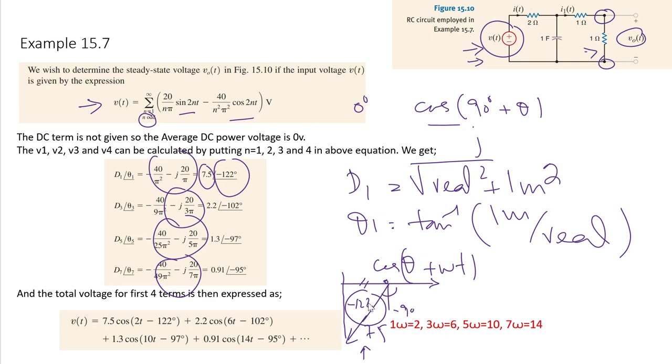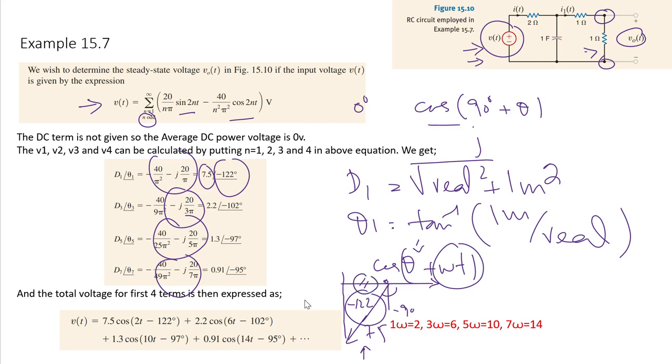And what does a phasor do? A phasor rotates. So it is rotating with the speed of omega t, and it is already delayed by an angle theta, and we want to find its power.